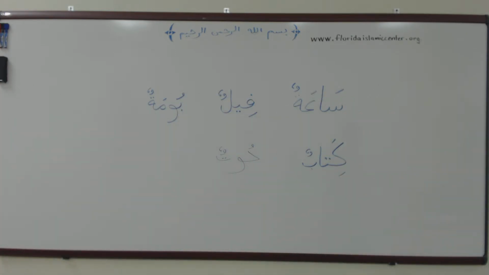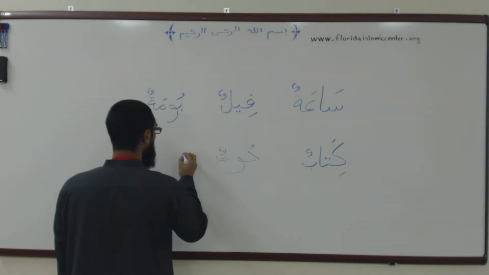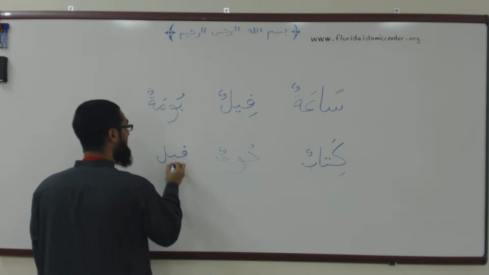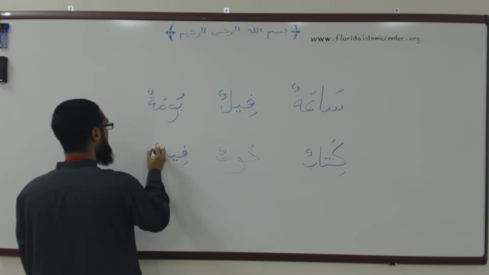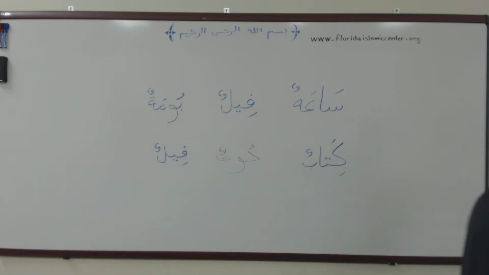So the word for elephant is filun. Filun. Elongating the fa. Filun. Okay, so that's going to be our practice for the mud.